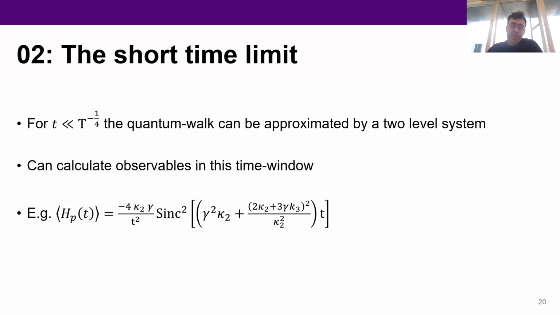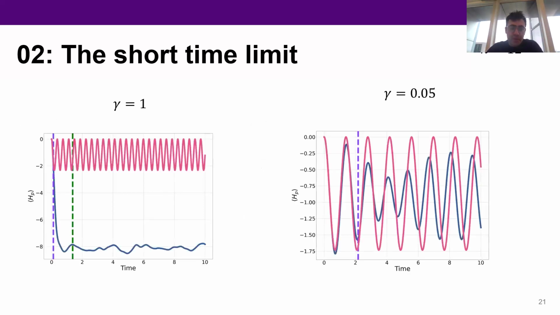Within this time window between 0 and t, it's relatively straightforward to calculate expectations of observables, such as the problem Hamiltonian shown here, and we can look at how this compares to the Schrödinger evolution. Here I have two continuous time quantum walks for max cut on the same binomial graph for 12 qubits.